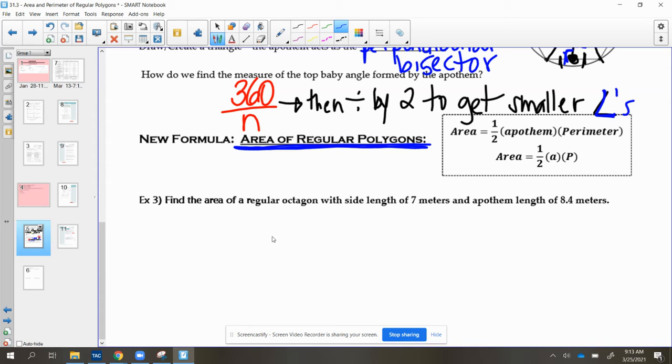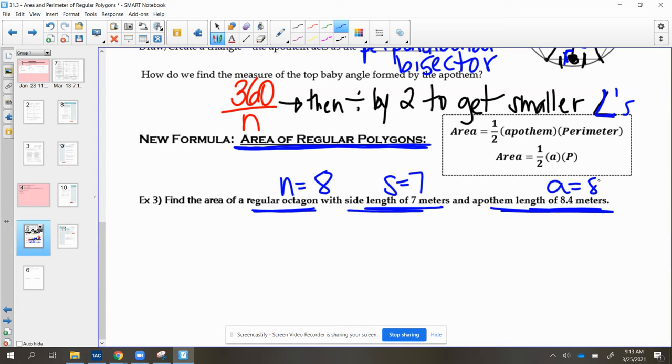So for example 3 here, we have the area of a regular octagon, so an 8-sided figure, with a side length of 7 meters. So the side length is equal to 7, and the apothem length is 8.4, okay? So this is going to be little a is 8.4. Well, again, our formula of the day is half ap.